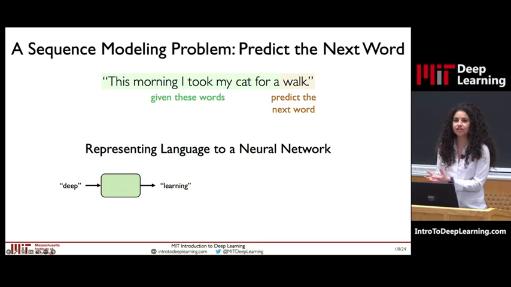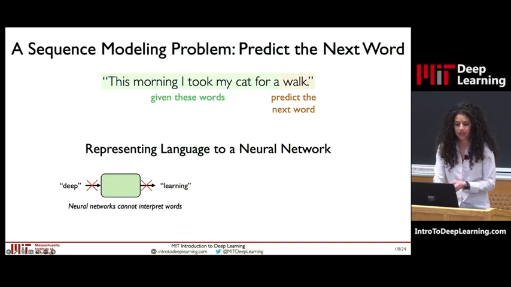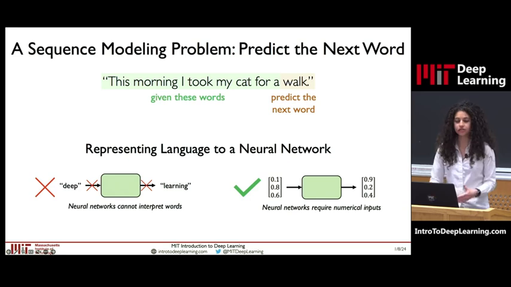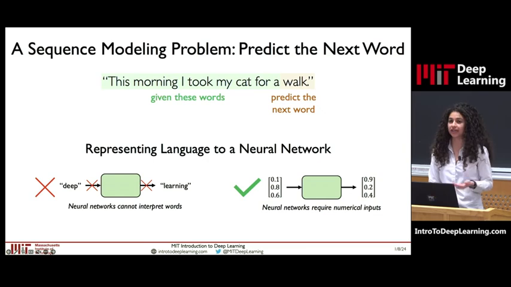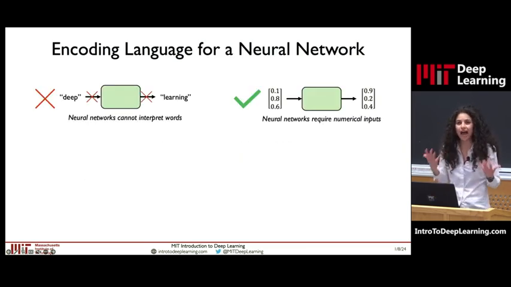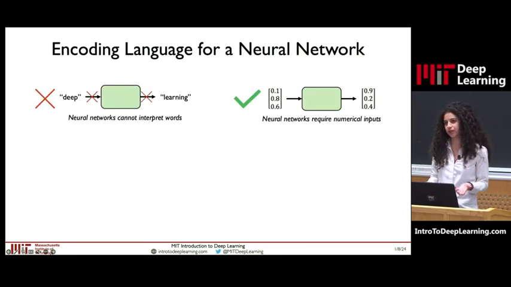We need a way to represent that numerically so that the network can compute on it and understand it. They can't interpret words. What they can interpret and operate on is numerical inputs. So there's this big question in this field of sequence modeling and natural language of how do we actually encode language in a way that is understandable and makes sense for a neural network to operate on numerically.